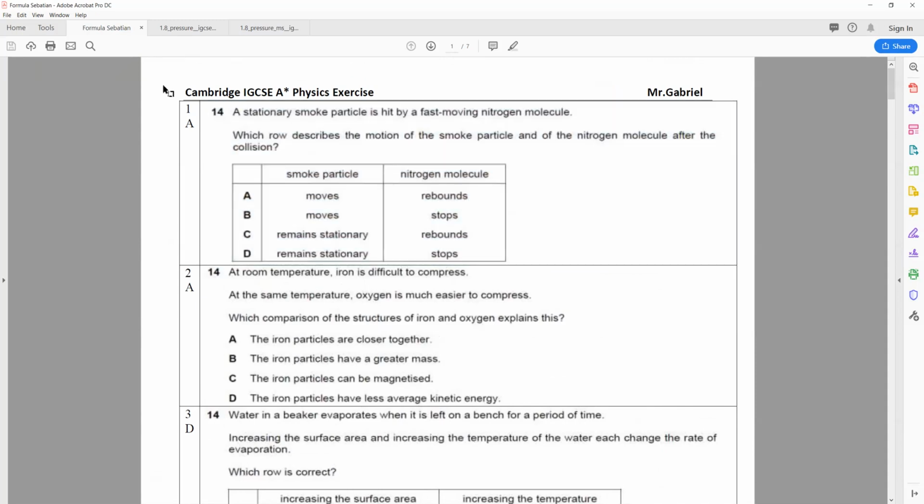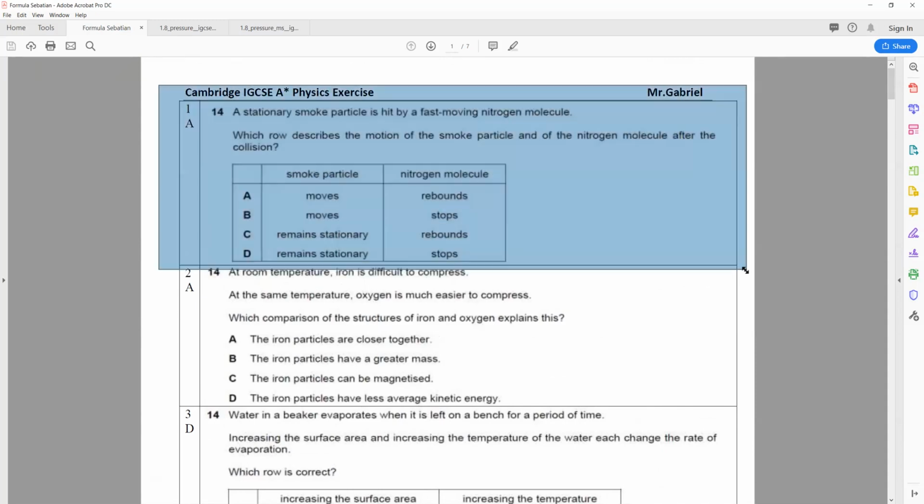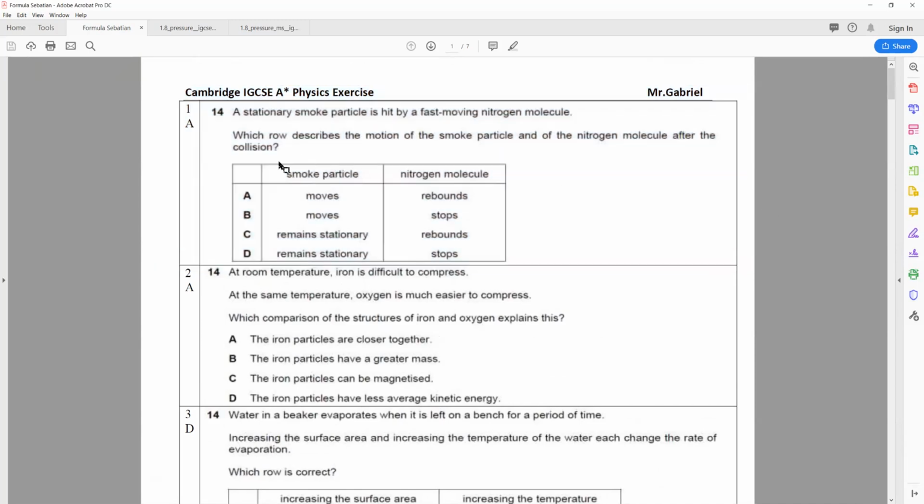Now, you often see this in your IGCSE questions, and quite frankly speaking, these kinds of questions are quite gray, because if you think about it, how come the stationary smoke particle, when it was hit by a nitrogen particle, it definitely moved. So C and D definitely are out of the question here.